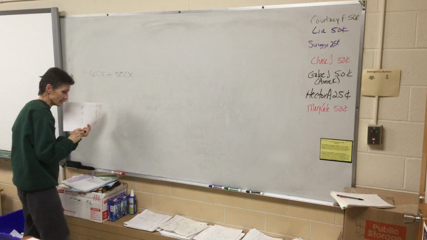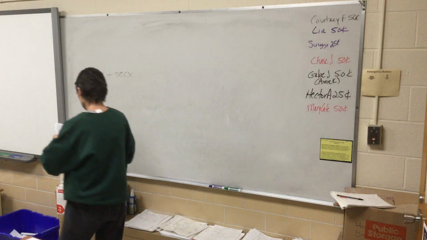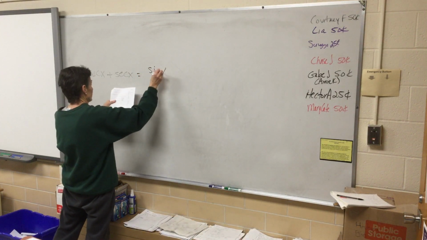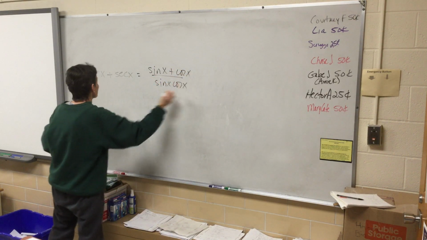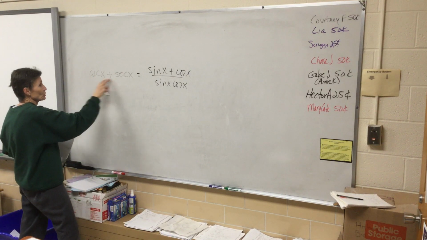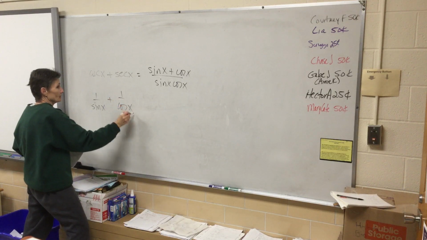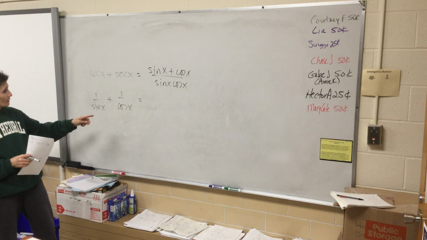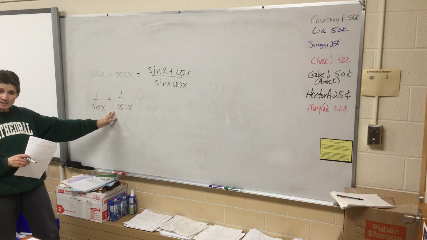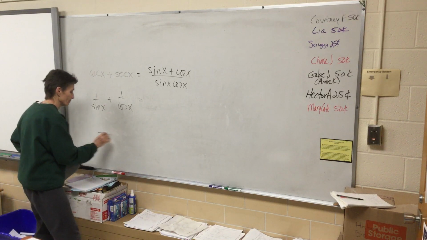This is a really easy one. Doesn't it occur to you that maybe you'll change these into fractions? And as soon as you do that, you've got a couple of fractions that need added together. So we'll get a common denominator.